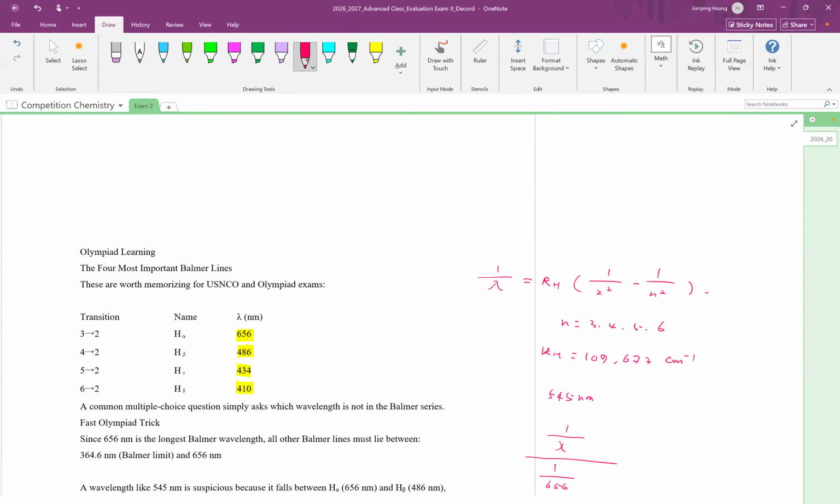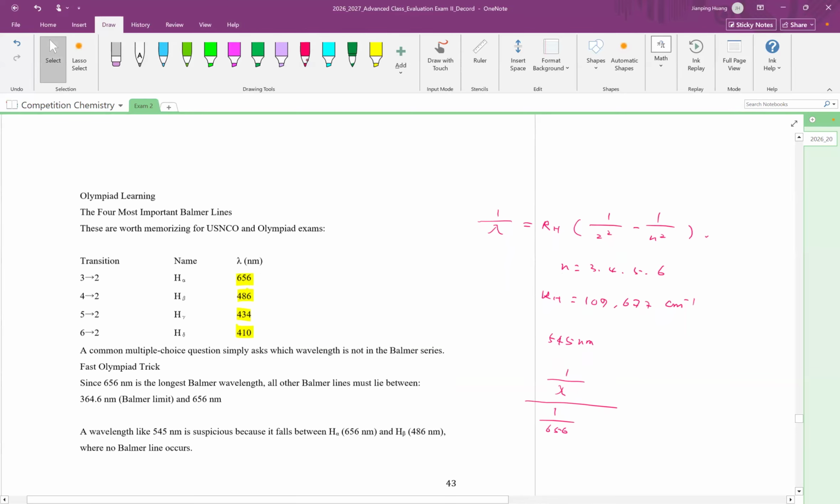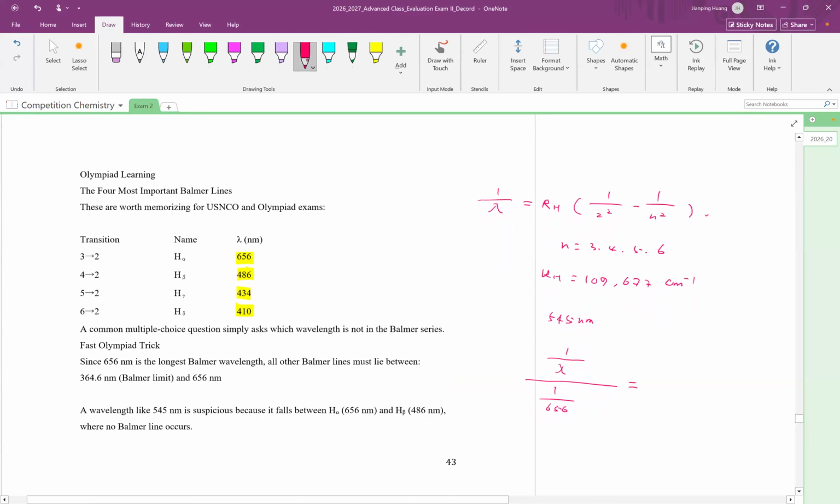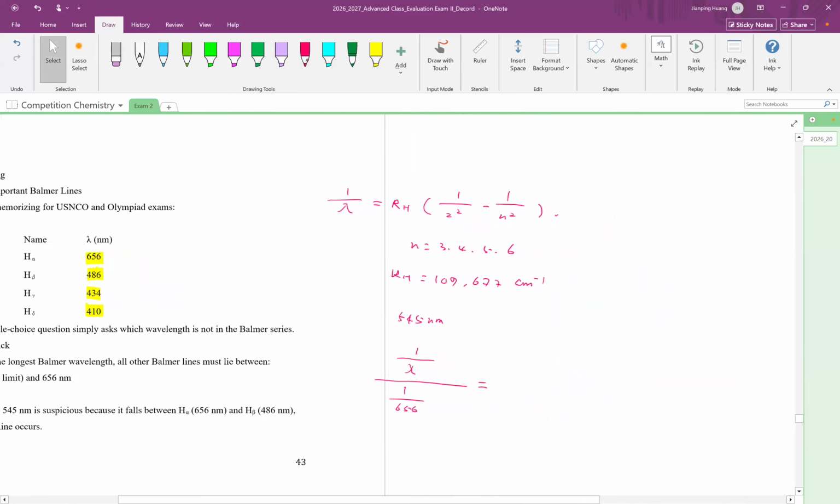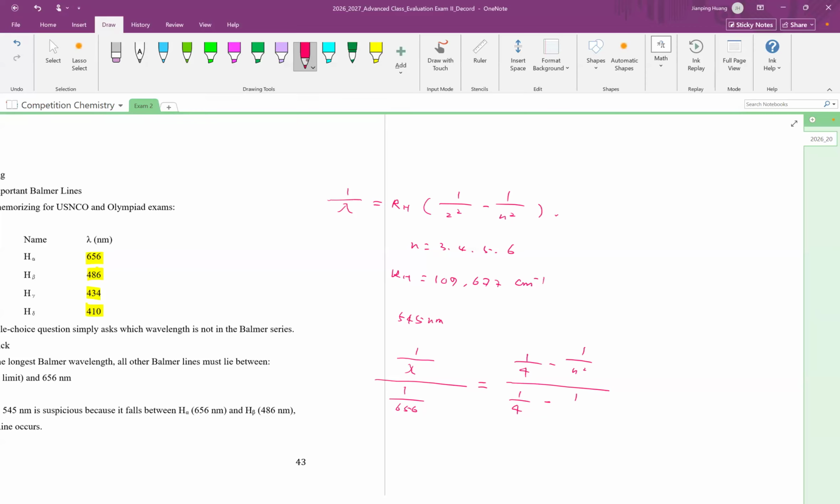The question tells you that's the one. And it equals, using this equation, 1/4 minus 1/n squared. Now here it's 1/4 minus 1/9. So you only have 1 unknown, and if we do the math, very simple, you get 3.56.